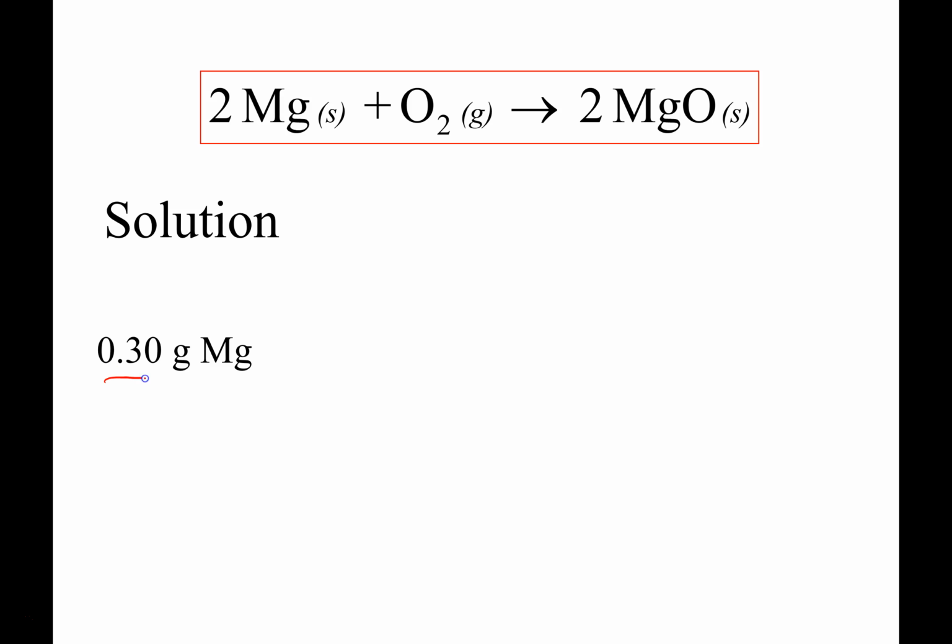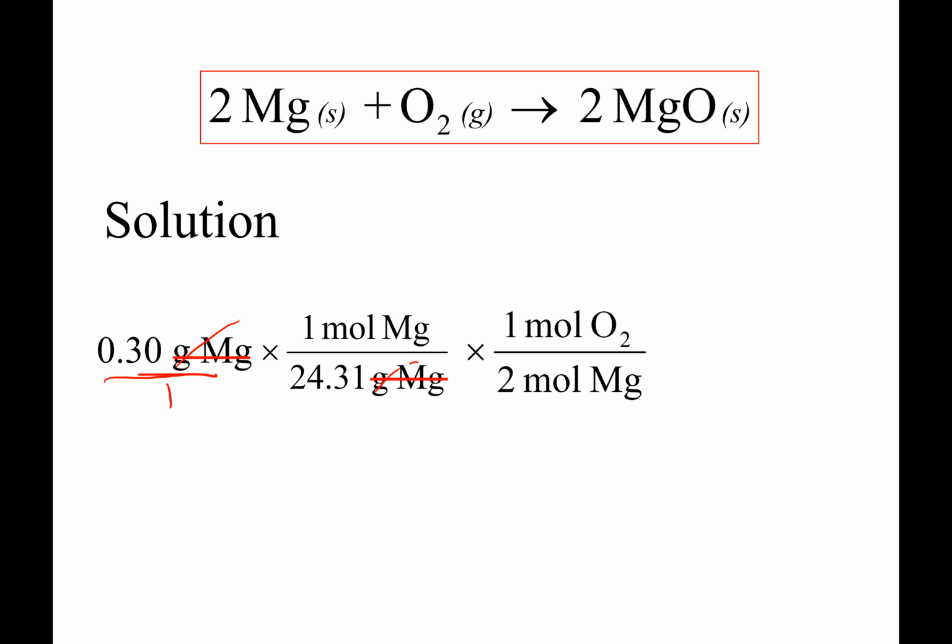So what does the next term look like? Very good. 1 mole of magnesium over 24.31 grams of Mg. Perfect. I'm liking it. So what does the next term look like? Very good. 1 mole of O2 over 2 moles of Mg.